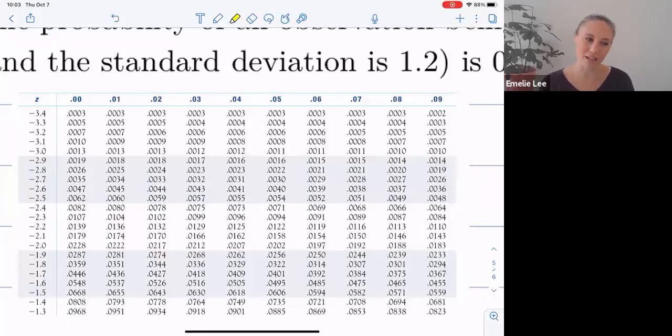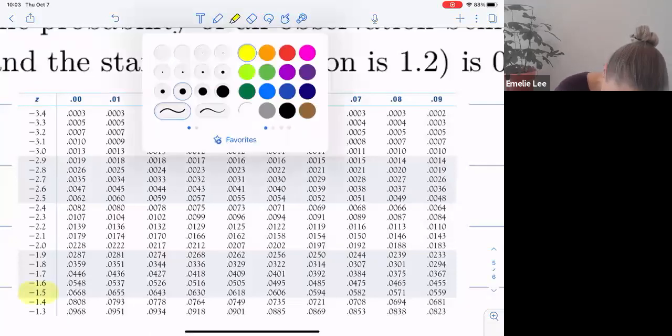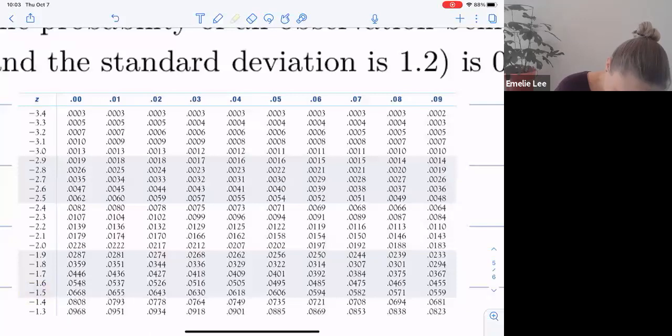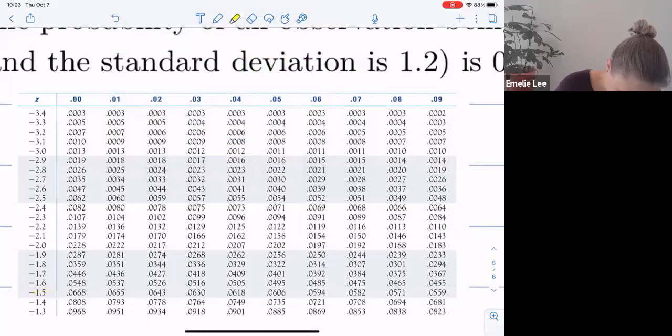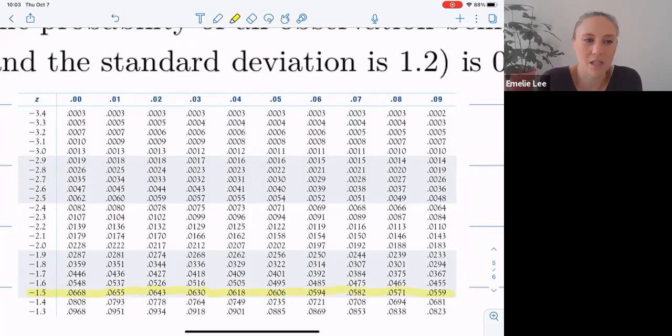I'm going to find negative 1.5 here, and something in between there. I'll do all of them just because.